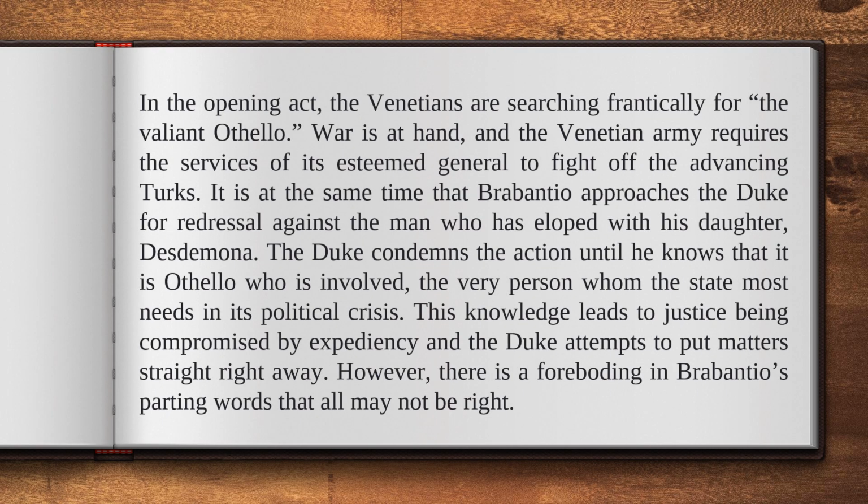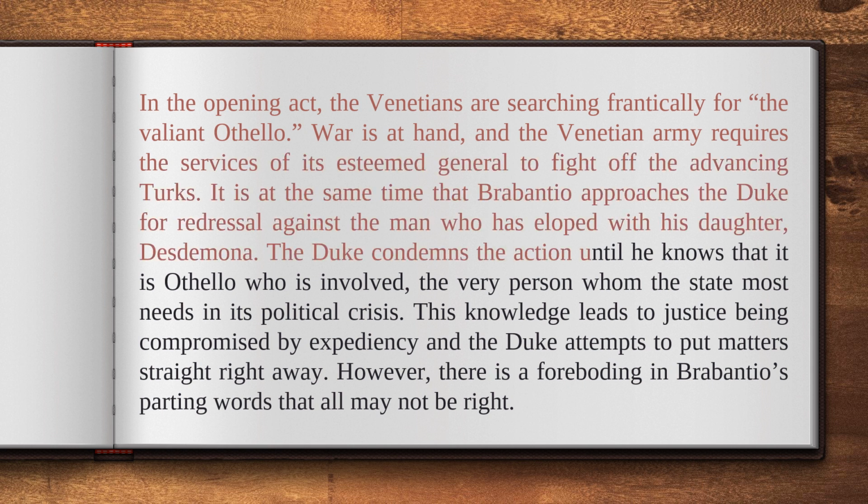In the opening act, the Venetians are searching frantically for the valiant Othello. War is at hand, and the Venetian army requires the services of an esteemed general to fight off the advancing Turks. It is at the same time that Brabantio approaches the Duke for redress against the man who has eloped with his daughter Desdemona.